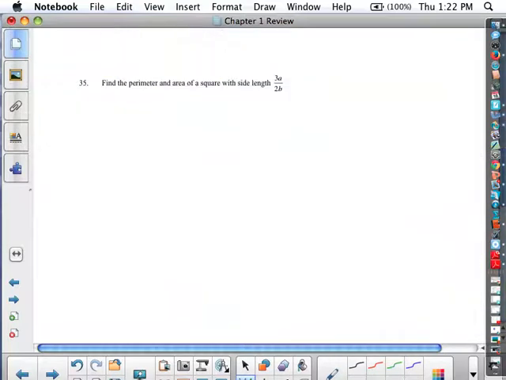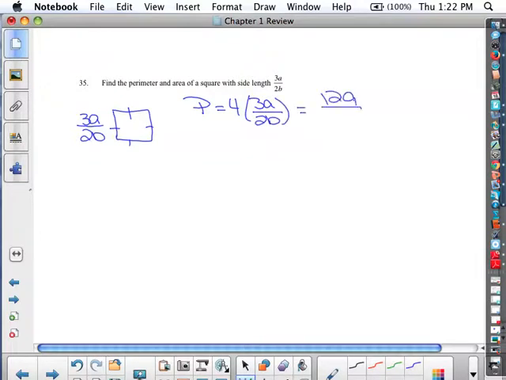And finally, the last one, the perimeter and area of a square with side lengths of 3a over 2b. So the perimeter, you have 4 side lengths and they are all the same. So 4 times 3a over 2b becomes 12a over 2b. You can reduce that. 12 divided by 2 is 6, so 6a over b.